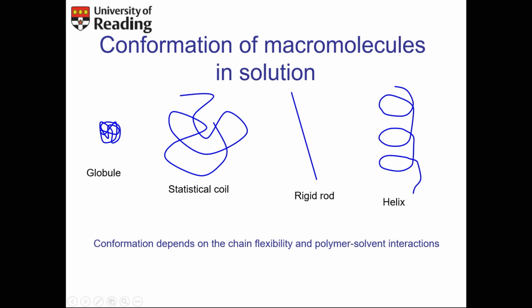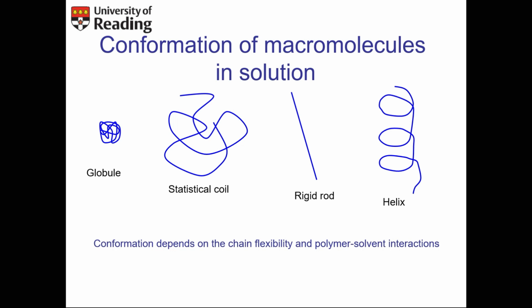Next thing you need to know about the polymers is the special phenomenon that is called conformation. Conformation is basically the shape of macromolecules in solution. Once the polymer is dissolved, the macromolecules will acquire a specific conformation. And there are several types of conformations. For example, globule, when the macromolecule is very compact.